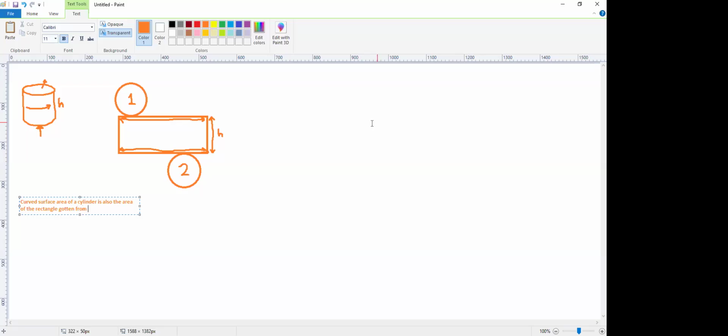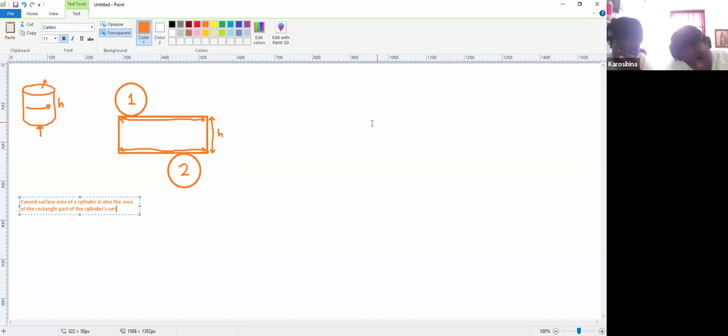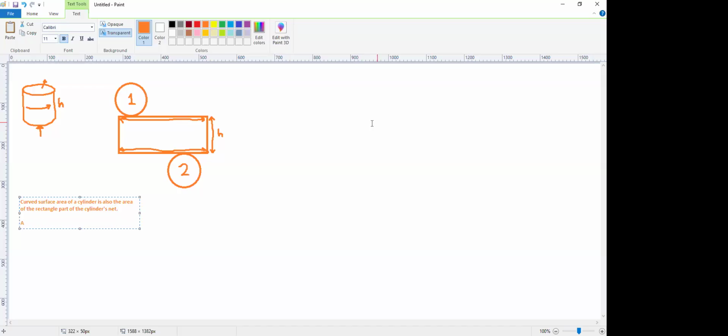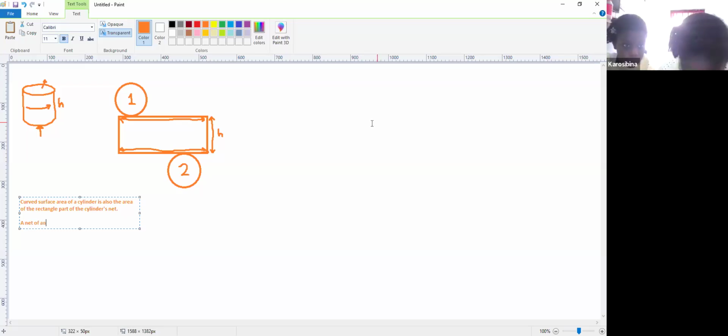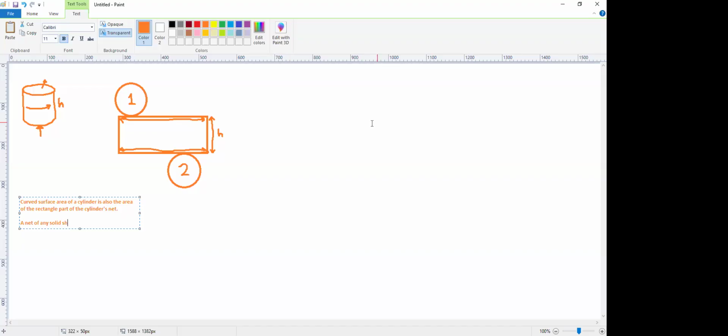The rectangle part of the cylinder. Are you writing?